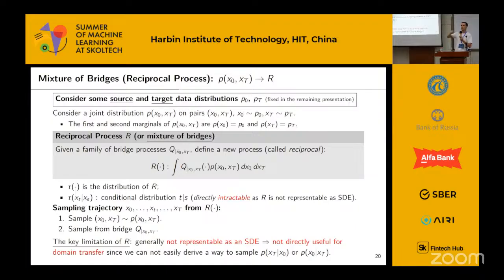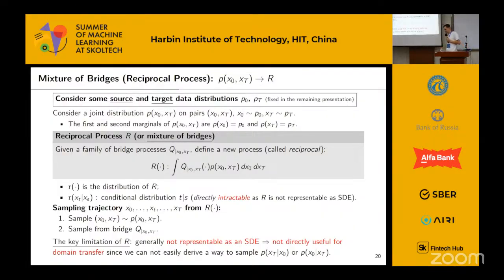And then to complete the remaining part of the trajectory, the inner part from 0 to 1, we need to insert the trajectory of some bridge process. So a reciprocal process is built in the following simple manner: we sample a pair of start and end points, and then sample a trajectory from the bridge process conditioned on these two particular points.